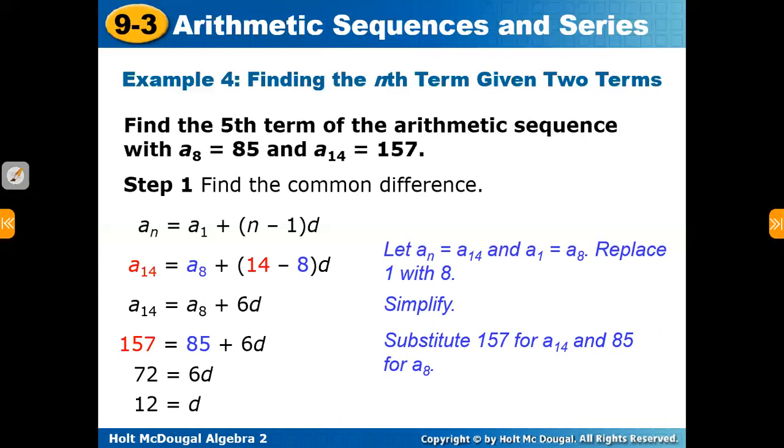You have two methods. You can use either the elimination method or the substitution method, whichever is easier. So here you consider A8 as your first term, and your nth term will be A14. So instead of n minus 1, we do n minus 8, that is 14 minus 8.